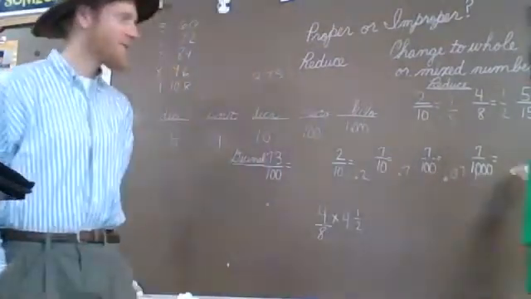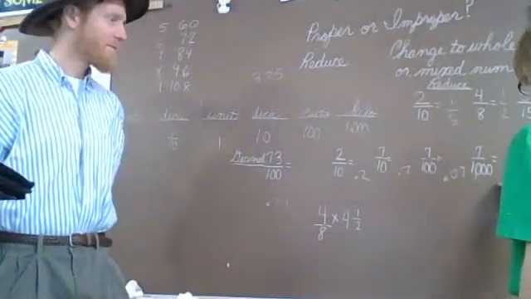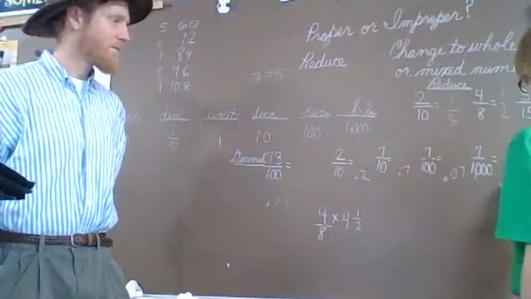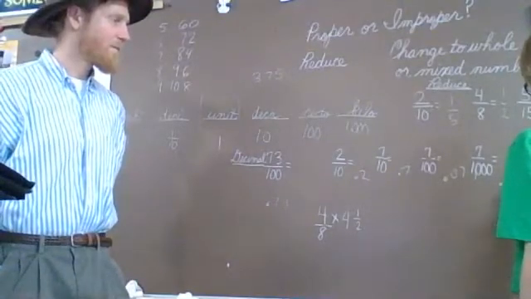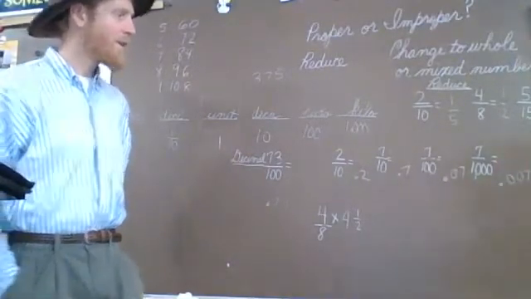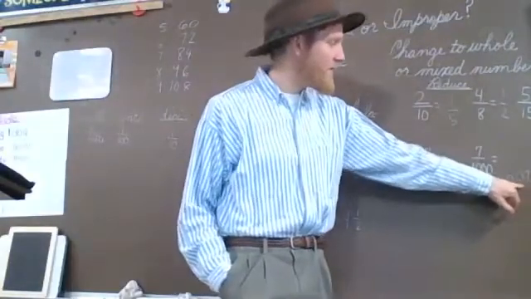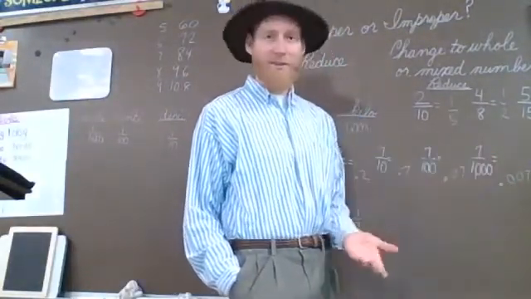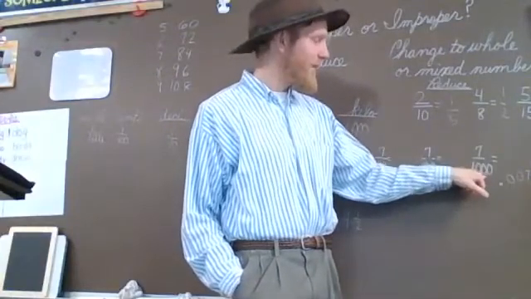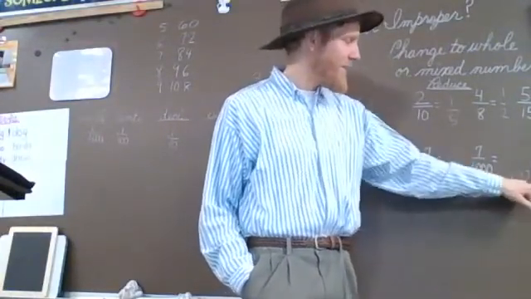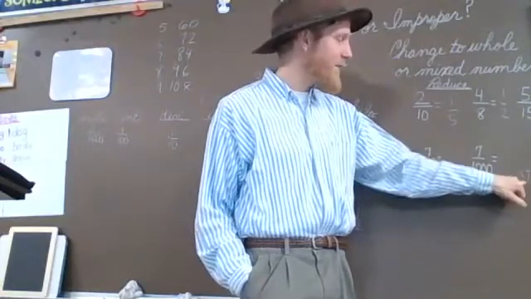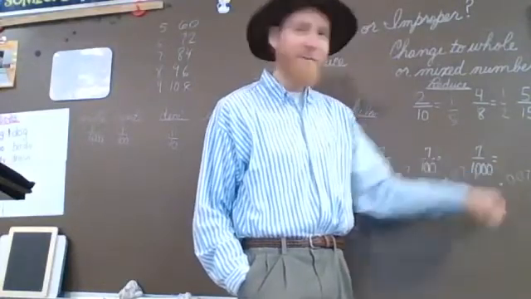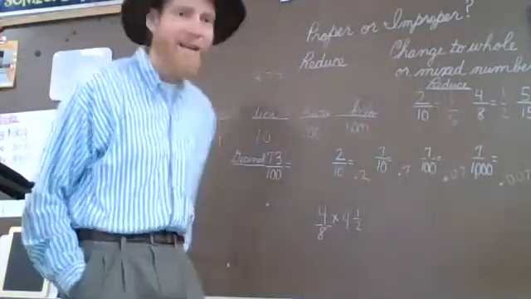Next. Oh, this is how you do it. 0.007. Good. We need 3 numbers past the decimal to express 7/1000ths. So there's 3 zeros there, and 3 numbers there. So you have to add 2 more to make 3 numbers after the decimal point.